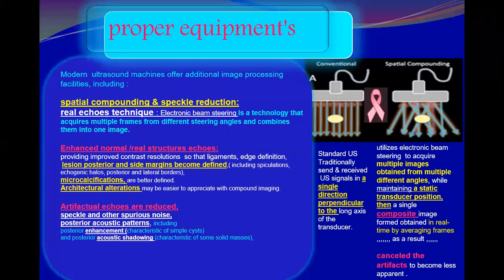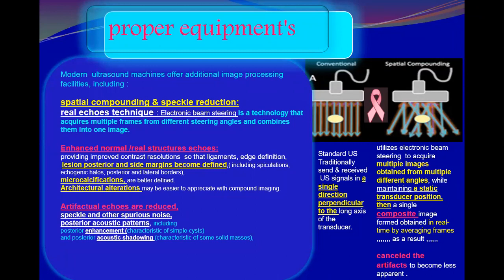It will enhance the margin definitions of the lesions, especially the lateral and posterior margins, including the spiculations and echogenic halo, as well as improve visualization of microcalcifications and architectural distortions.